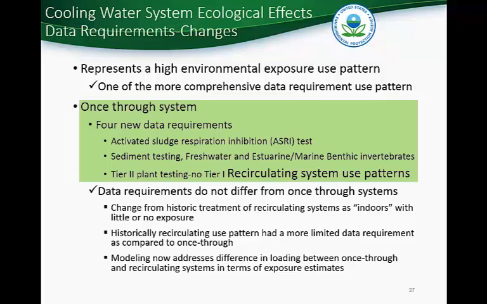The fourth new data requirement does not change the number of plant tests required, but it does change the type of plant testing required to Tier 2, which are multiple dose testing resulting in a definitive NOAC and IC50 versus allowing use of a Tier 1 single dose limit test.